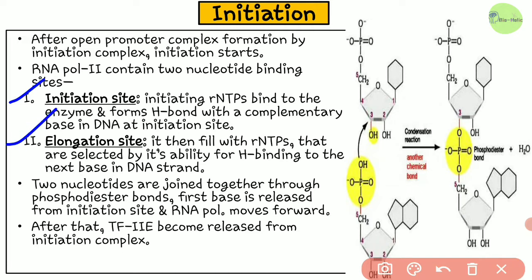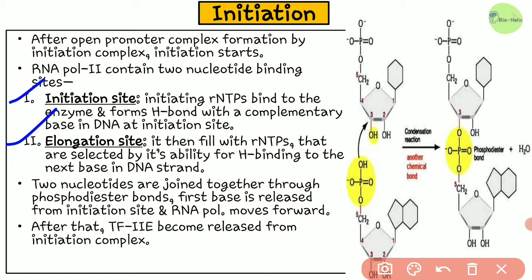The initiating RNTPs or ribonucleotide triphosphates bind to the enzyme and form hydrogen bonds with a complementary base in DNA at the initiation site. The elongation site is then filled with RNTPs that are selected by their ability for hydrogen bonding to the next base in the DNA strand.